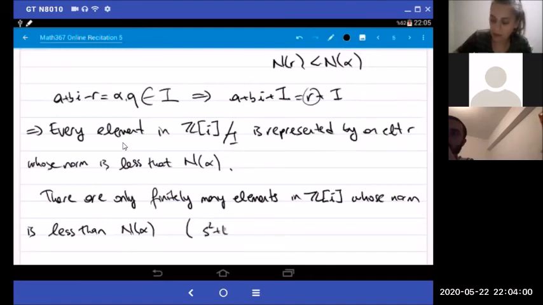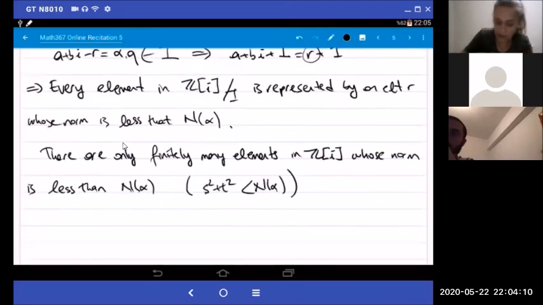We are looking for integers s and t such that s squared plus t squared is less than some fixed number N of alpha. So this means that we can find only finitely many integers s and t such that s squared plus t squared is less than N of alpha, and this means that Z[i]/I is finite.